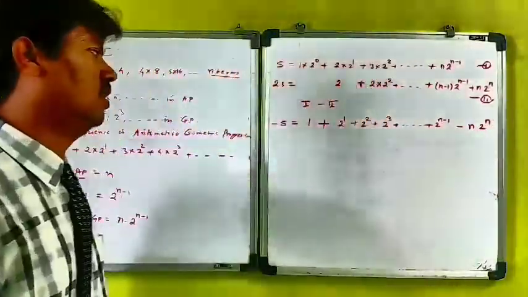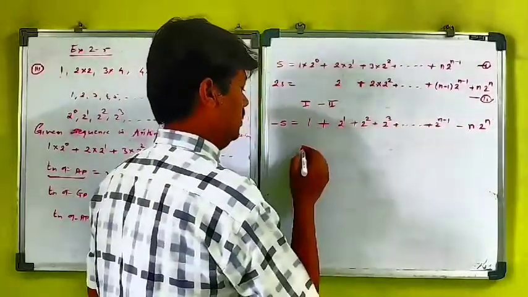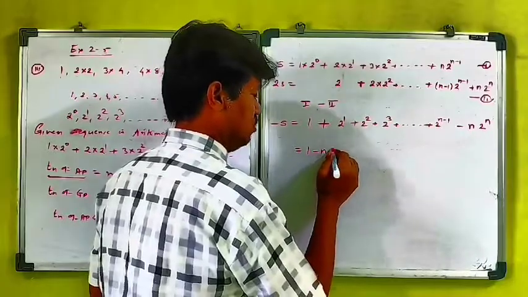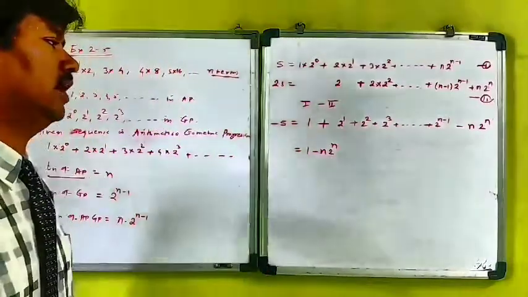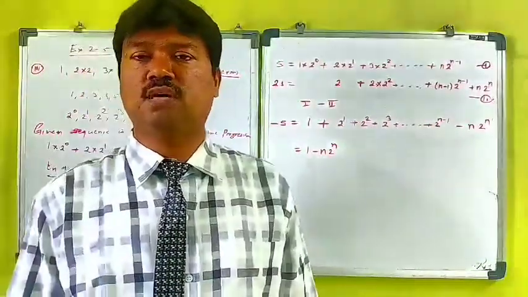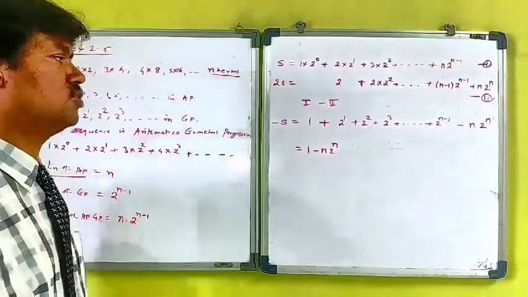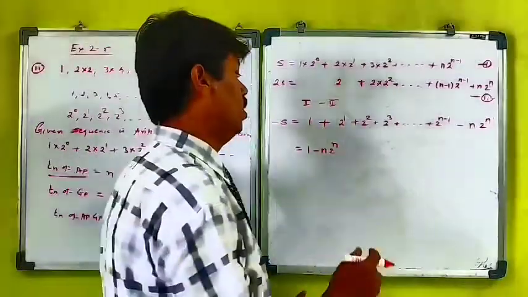So it's like this. Now this and this we get together. So there is a 1 minus n 2 raised to n, and this is the sum of n minus 1 terms of a geometric progression, where the first term is 2 and the common ratio is also 2.